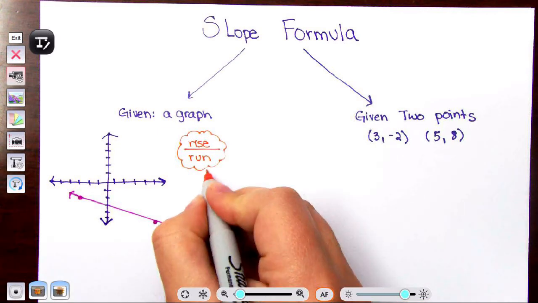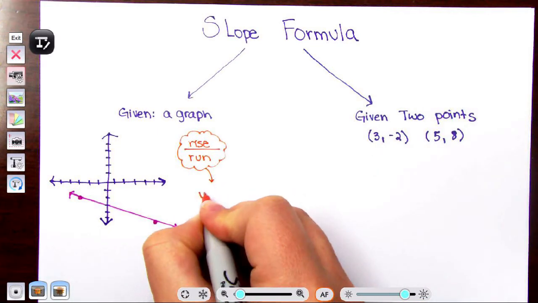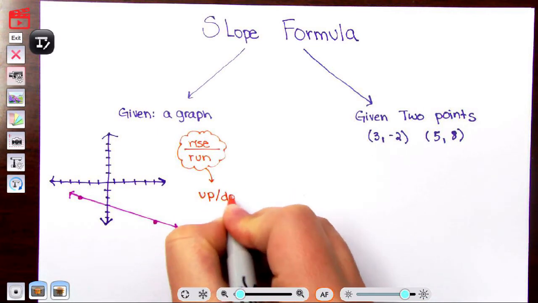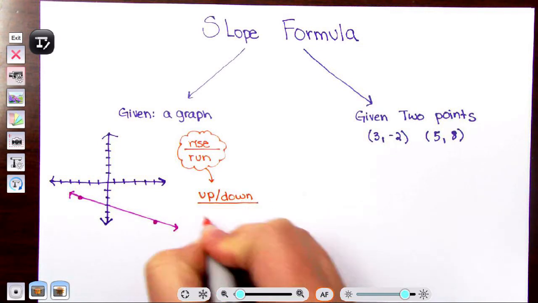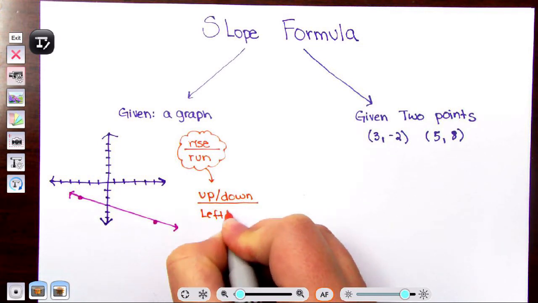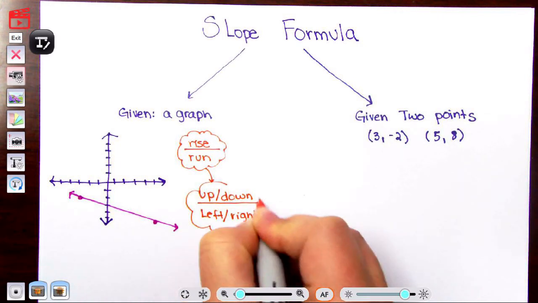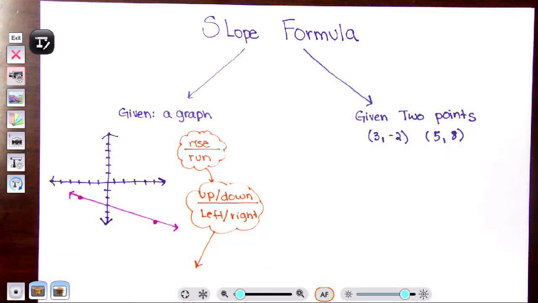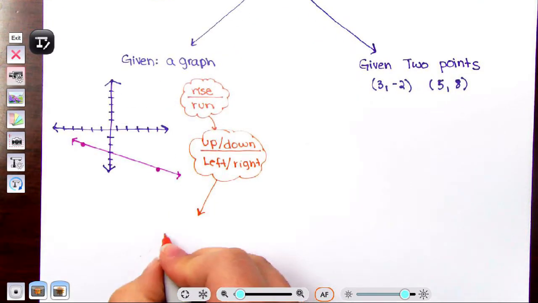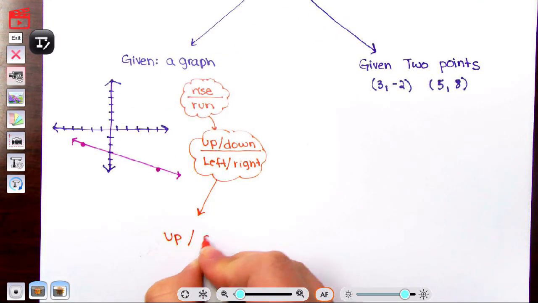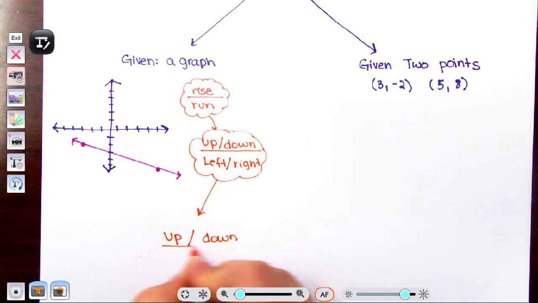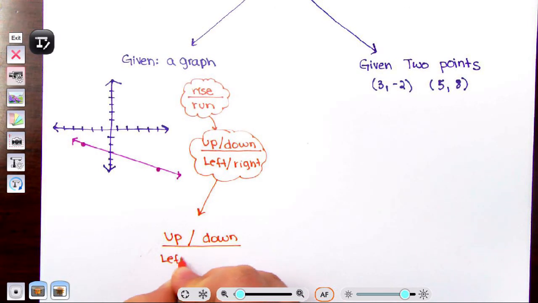So I usually like to do up, down, left, right. Let me rewrite that one more time, and then I'll show you why I like it. Up, down, left, right.